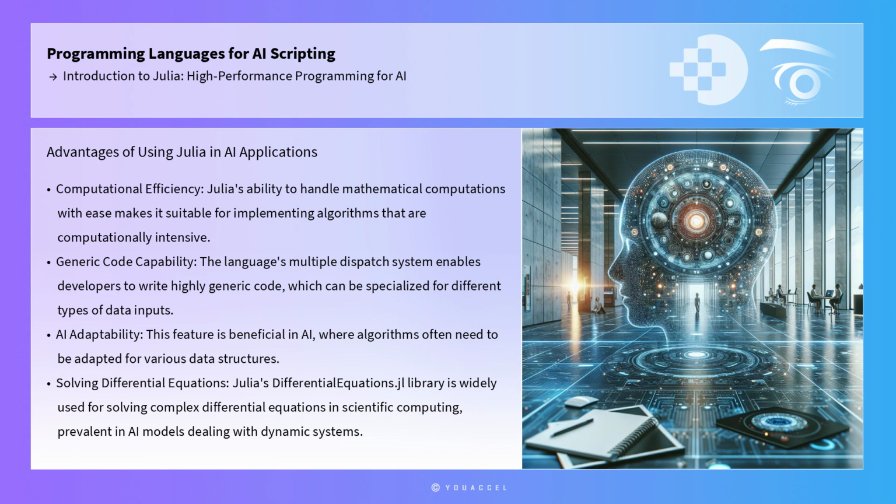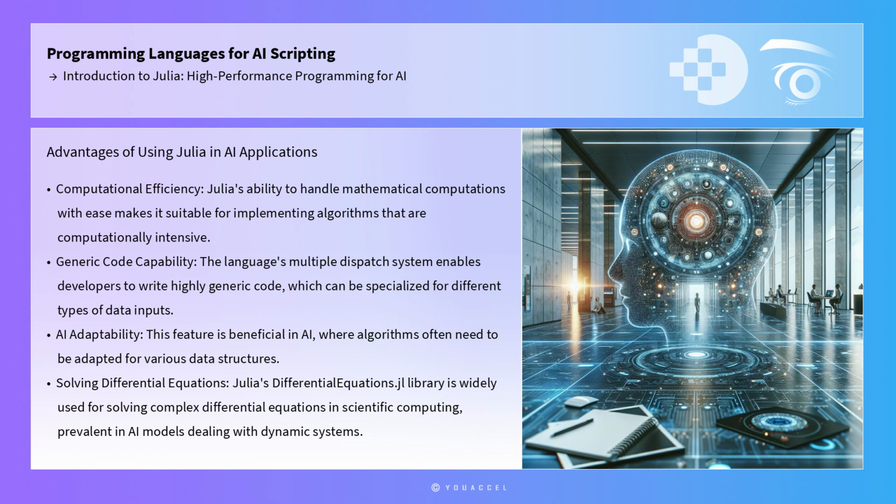Moreover, Julia's ability to handle mathematical computations with ease makes it particularly suitable for implementing algorithms that are computationally intensive. The language's multiple dispatch system enables developers to write highly generic code which can be specialized for different types of data inputs. This feature is beneficial in AI, where algorithms often need to be adapted for various data structures.